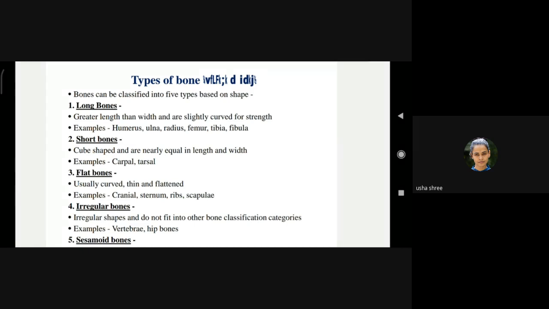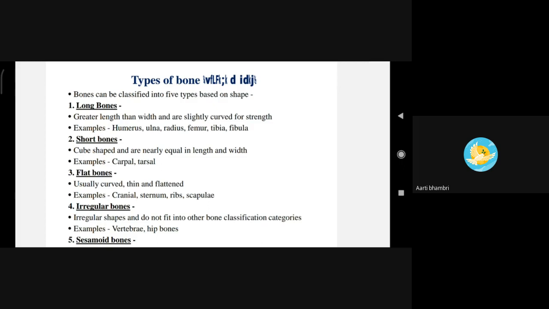Where can we find humerus in our body? In the hand. Yeah, very good. In the upper limb, upper arm. Humerus, ulna, radius, femur, tibia, fibula. These are the long bones.